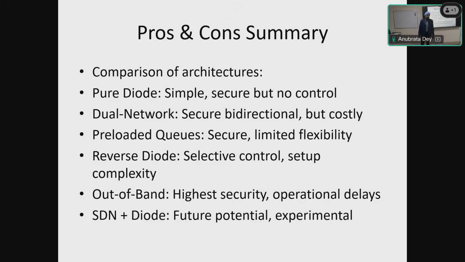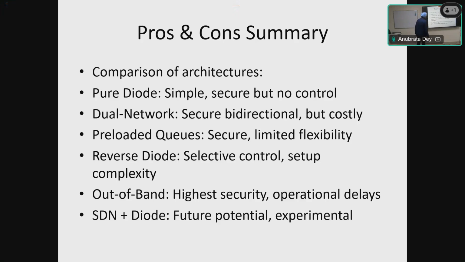You have to set up the VPN now, right? Which we will hopefully get to talk about later, okay? And then there are preloaded queues that we talked about. Preloaded commands are there, so it's secure, but limited flexibility. Only the preloaded commands will be allowed, okay?